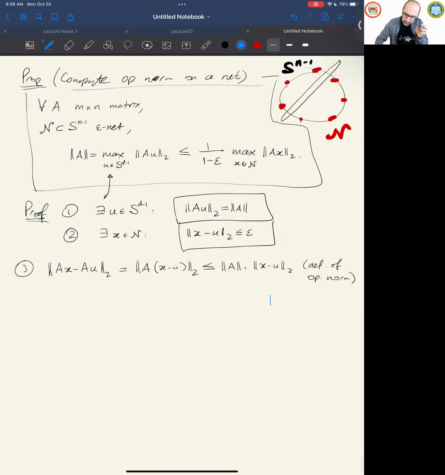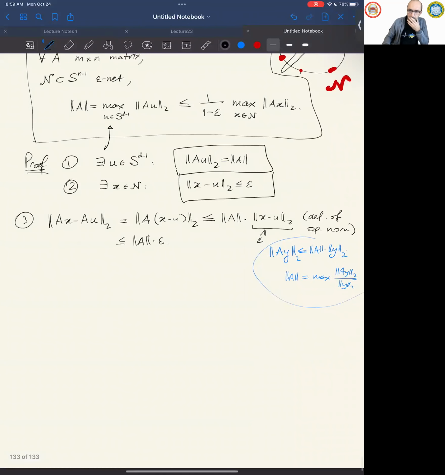By the definition of operator norm, the norm of Ay is less than the norm of A times the norm of y. And that's because the norm of A was defined by maximizing the norm of Ay over the norm of y. Okay, so I did this. And this is less than epsilon. So this is less than the norm of A times epsilon. Good. So far, so good.